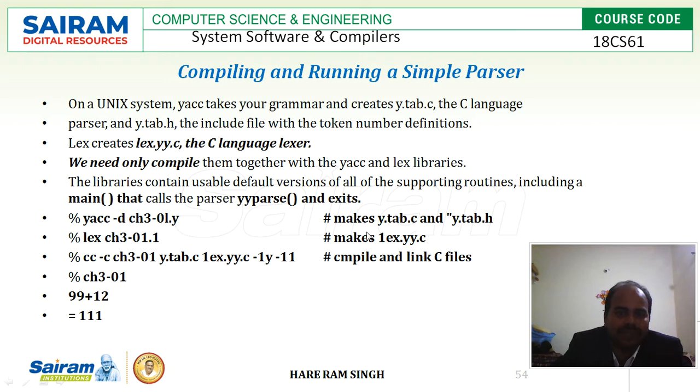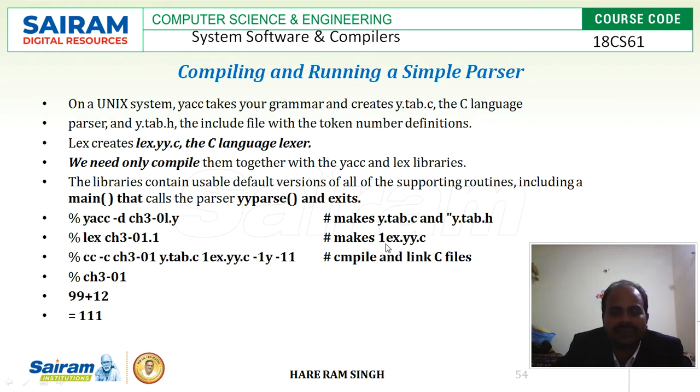So it will create y.tab.c and y.tab.h. So this line will create two files, one is a C file and another is an H file, called y.tab.c and y.tab.h. Next, lex chapter3_01.l.